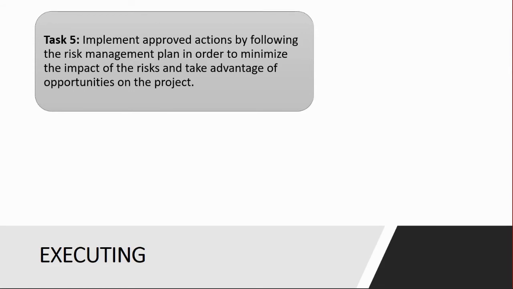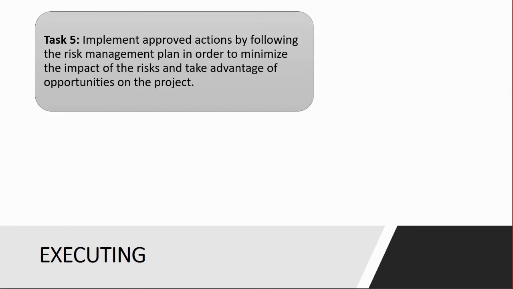If there's a plan to manage risks in a certain way, we are going to use that when we are implementing approved actions for certain risks. And it says, in order to minimize the impact of the risks. So in my mind, when I see risk management plan being used here quite loosely, I also see the inclusion of other risk planning elements.